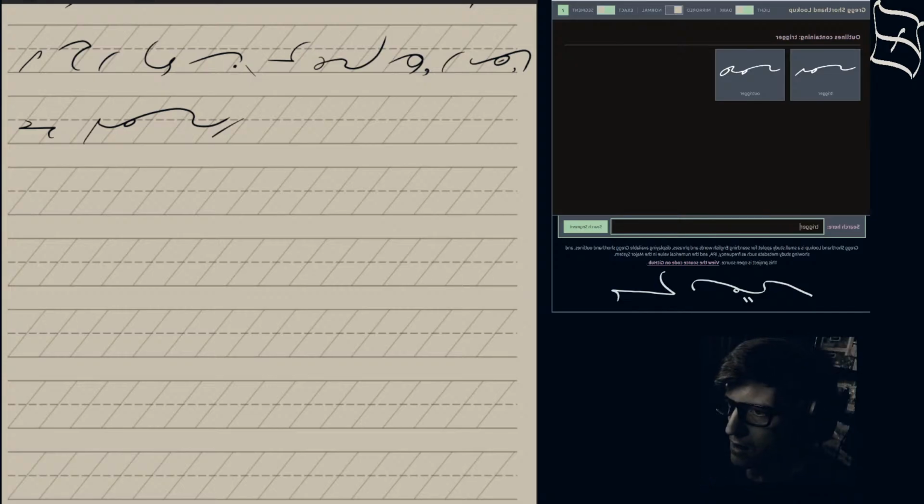Okay, let's see here. Once triggered, comma, continues. So this is con tin eu. Is it continue or continue? Continue. Let's see.